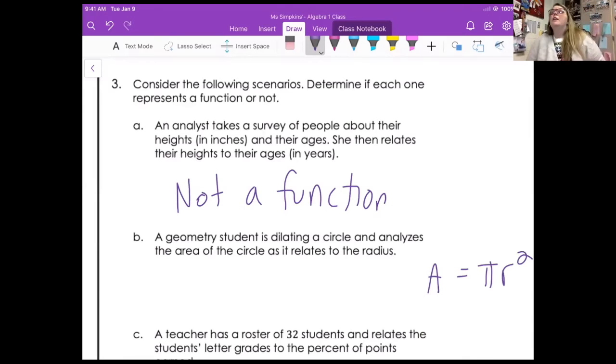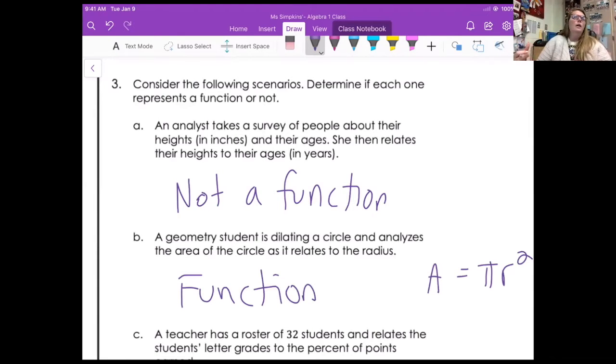But the radius of a circle determines how big the area is. So this would be considered a function because as the radius changes, you're going to get a different area. The same one radius can't give you multiple different sized areas. It's just this radius corresponds with this area. So that would be a function.